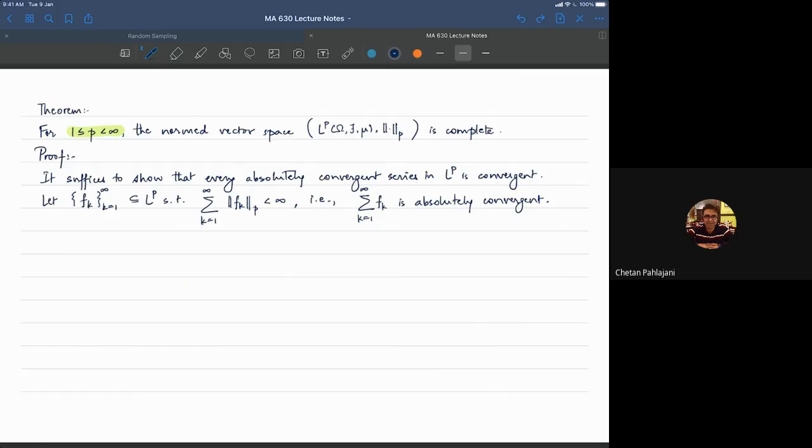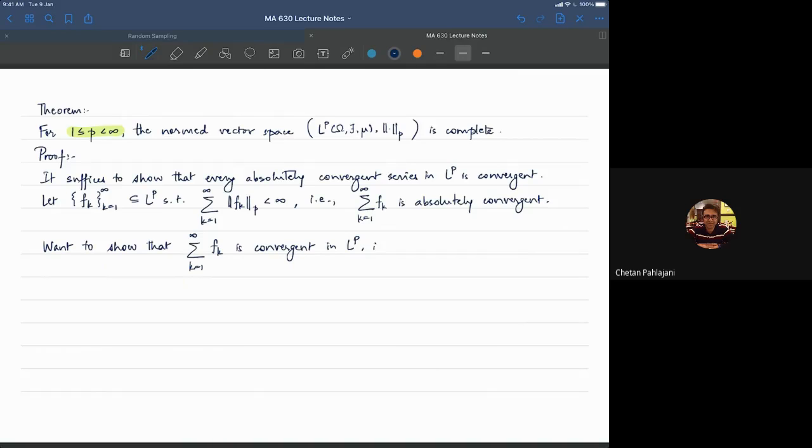We want to show that this series, sum over k from 1 to infinity of f_k, is convergent in L^p. If I say it's convergent in L^p, that means there exists some function in L^p to which this converges.